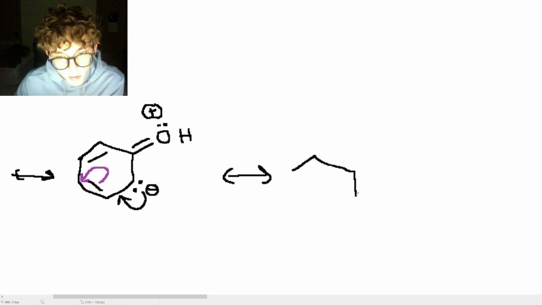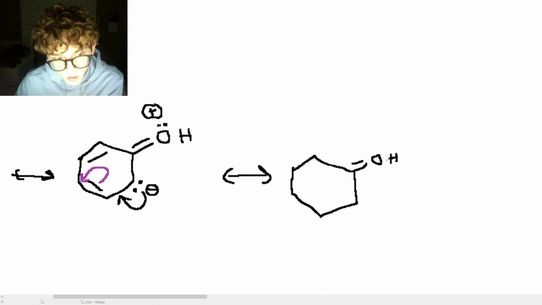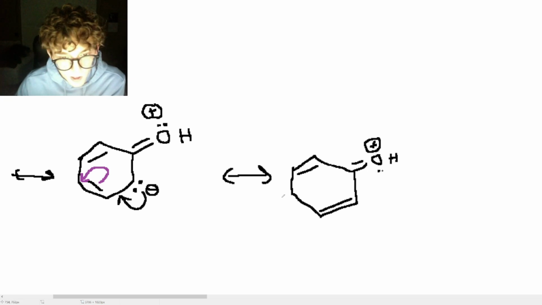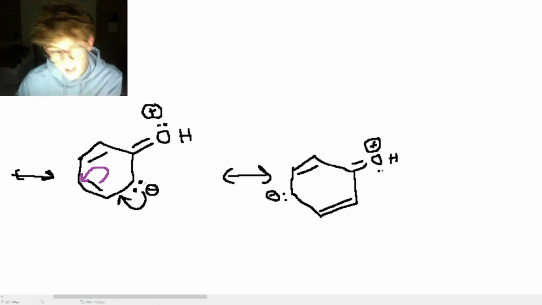Then we have a negative charge here, with the positive charge on the oxygen and its lone pairs. We're going to have a negative charge in the para position. So we had a negative charge in the ortho position, and a negative charge here, right?